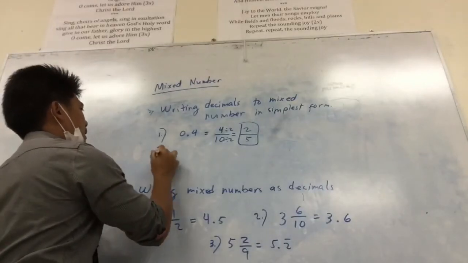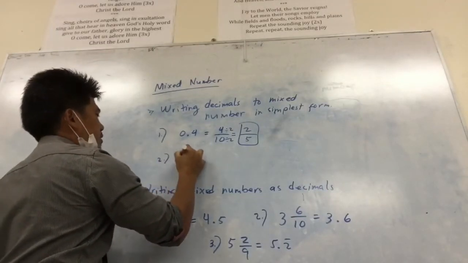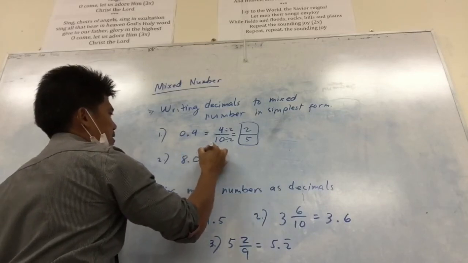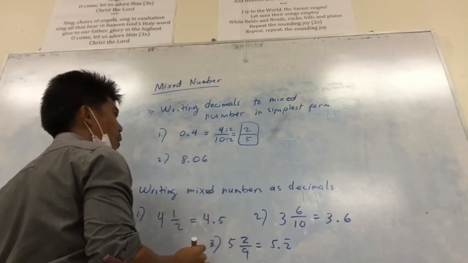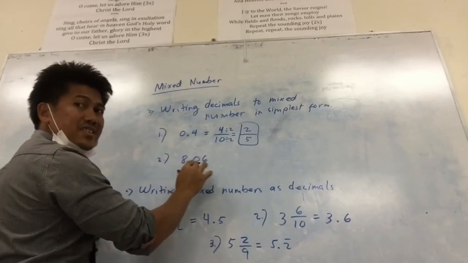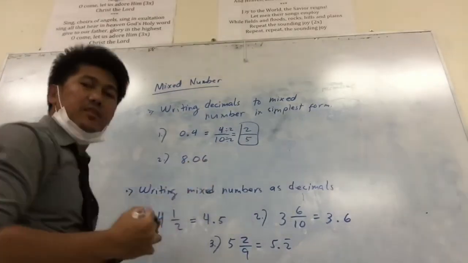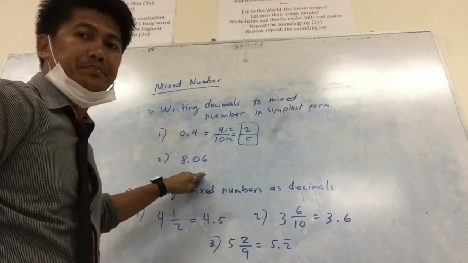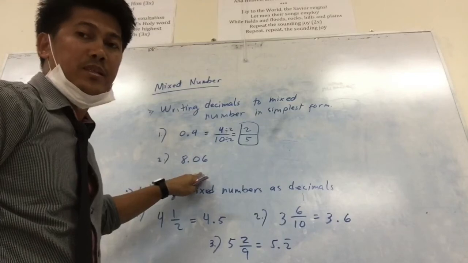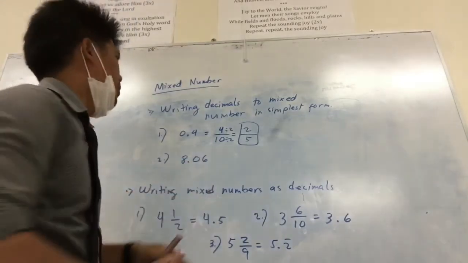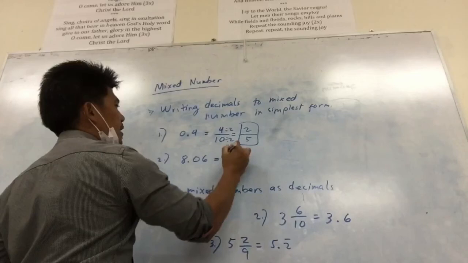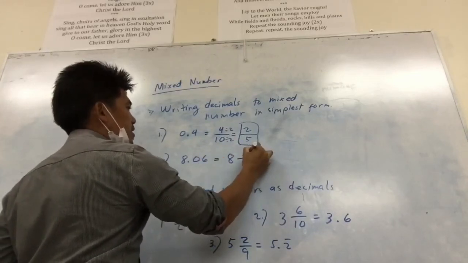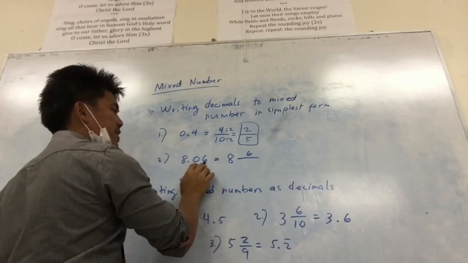Next, let's have a harder one. Let's say 8.06. Whoa! There are 2 digits after the decimal. So what's the highest digit place here? What is the lowest? Tenths, and the lowest is hundredths. So never mind that 8 there, you just write it immediately. Then write 6. What's the value of 6?